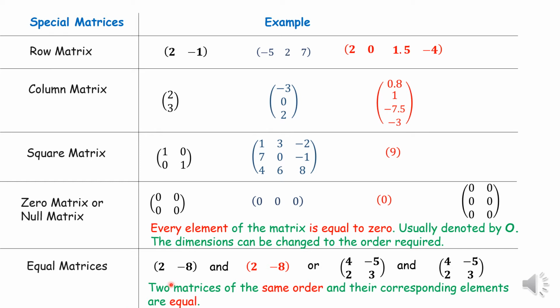This one is a 1 by 2 and a 1 by 2 matrix. This is a 2 by 2 and a 2 by 3 matrix. Corresponding elements are equal. This -8 corresponds with that -8. This 2 corresponds with that 2. Not the other way around, okay? Then it's not equal. When every element in a matrix is equal to 0, we always represent it by a little o, referred to as a zero matrix.